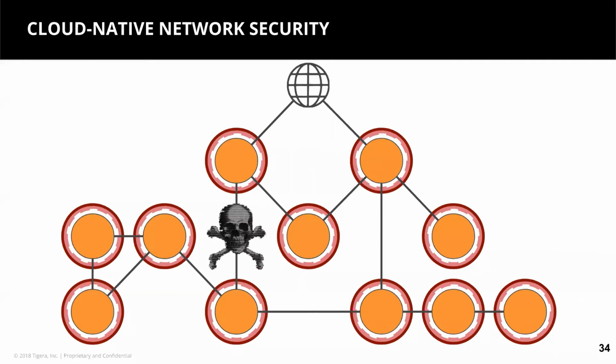But then that begs the question, okay, we now have our containers and our microservices protected, but what if an attacker is able to penetrate our network and spoof IP addresses of the other containers? Again, at the end of the day, we're still using IP addresses for implementing rules. It just happens to be that they're being rendered dynamically based on the current state of the scheduler.